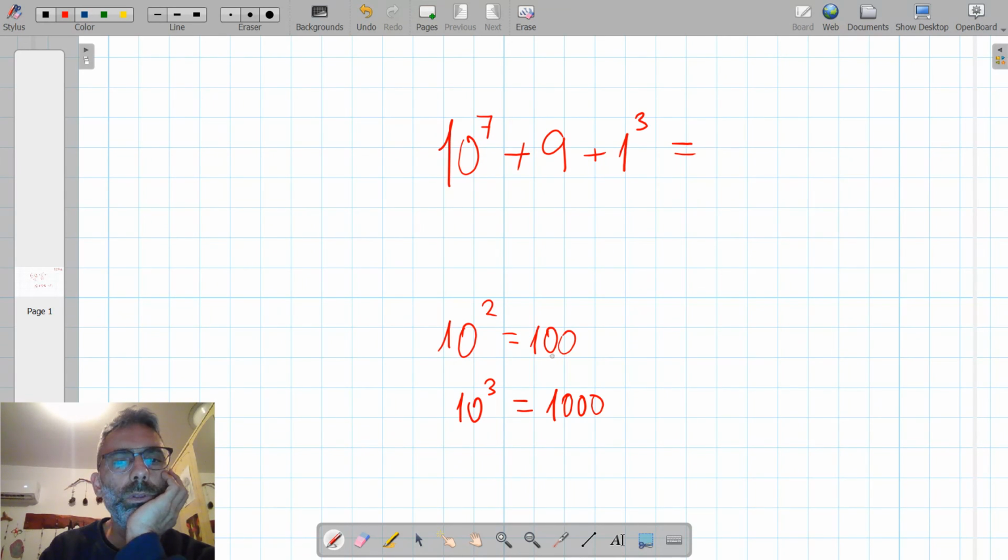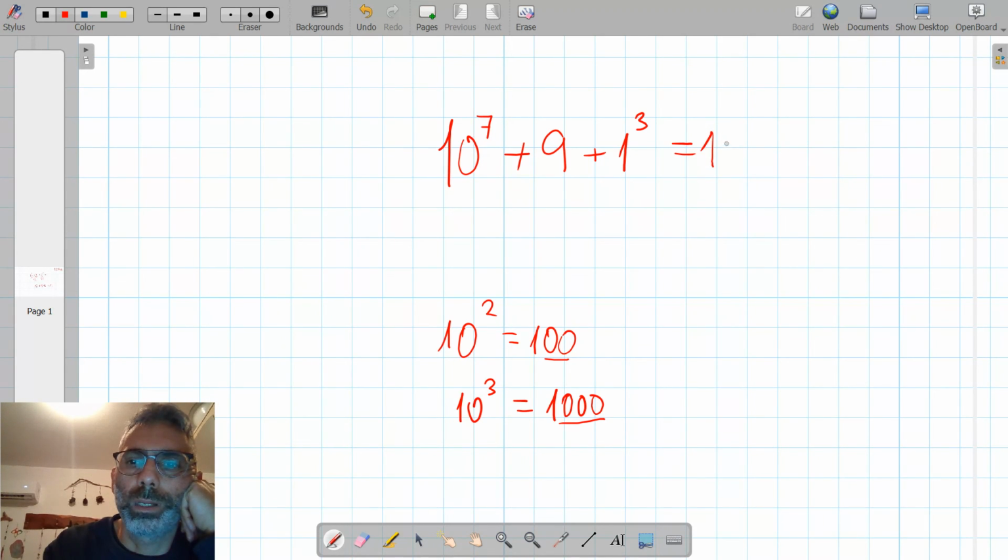So the number of zeros is the same as the exponent. So 10 to the power of 7 is 1 followed by 1, 2, 3, 4, 5, 6, 7 zeros, right? So it's 10 million.